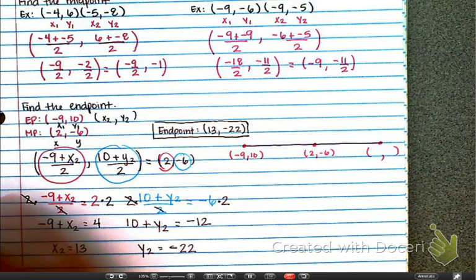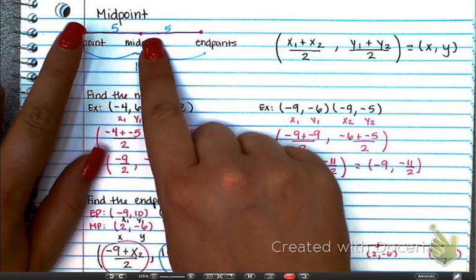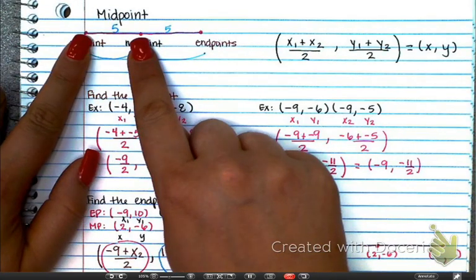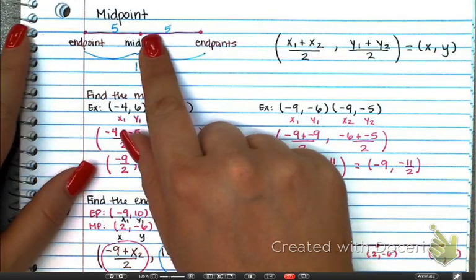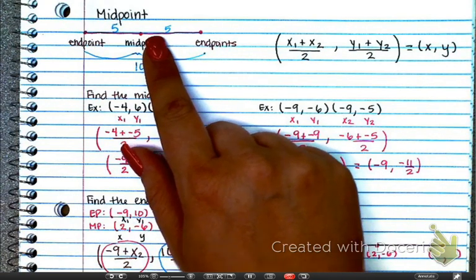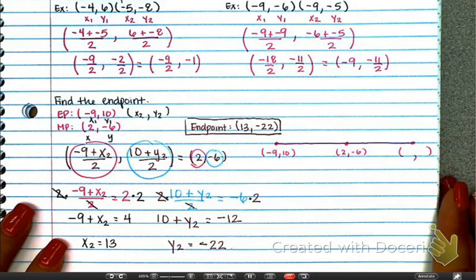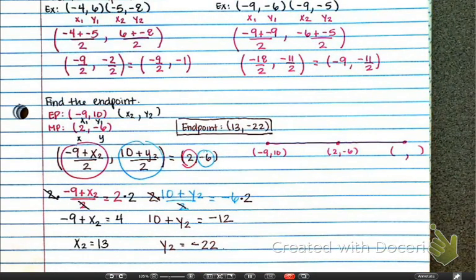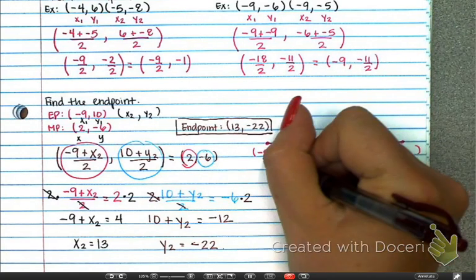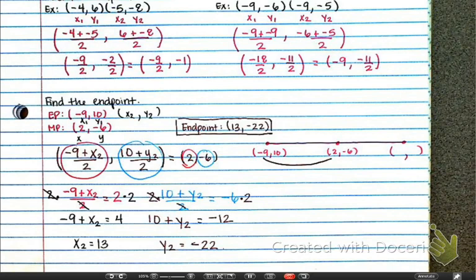Up at the very top of our notes, we said that the distance from the endpoint to the midpoint and from the other endpoint to the midpoint are going to be the same. So if I know the distance from one endpoint to the midpoint, I should know the distance to the other endpoint. Looking at just the x-coordinate right now, how do I go from negative 9 to 2?